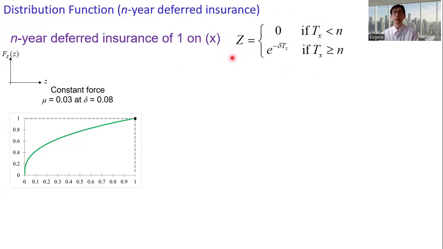After the deferral period, Tx greater than or equal to n, z equals e to the power minus delta times Tx. The same value as for the whole life insurance. A typical graph relating z and Tx is given by this.